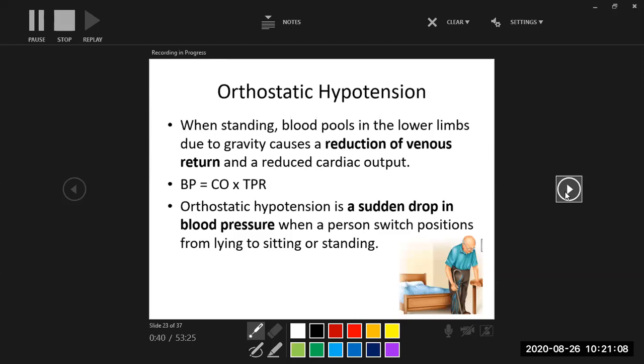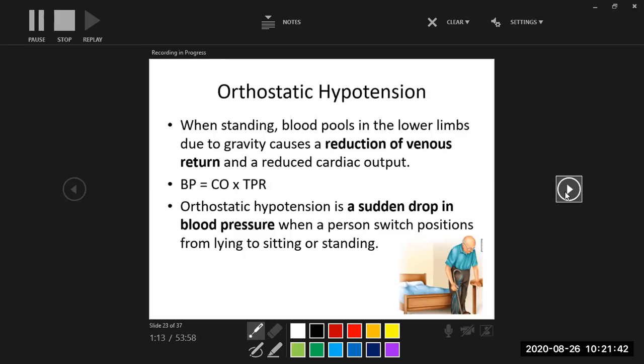You have less venous return, and less venous return means less stroke volume. Less stroke volume means less cardiac output. Less cardiac output means less blood pressure. And when you have that sudden decrease of the blood pressure, your brain doesn't have enough blood going into it, so you may suddenly become dizzy and lose consciousness.